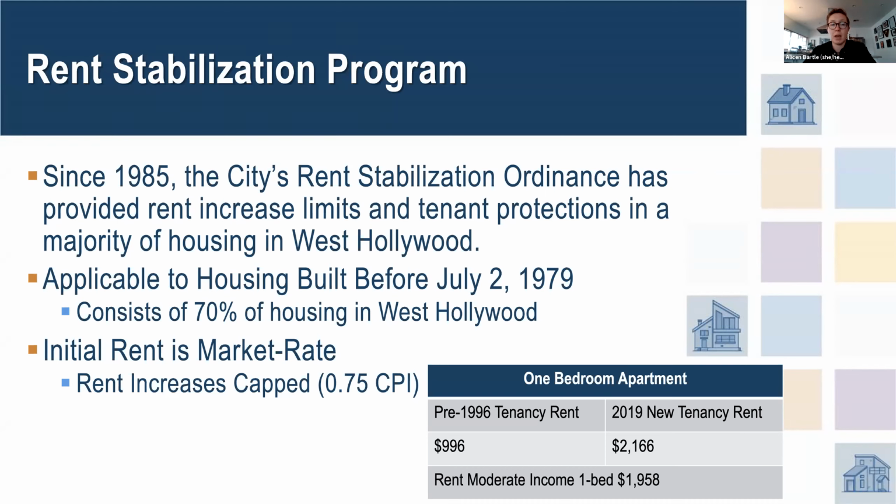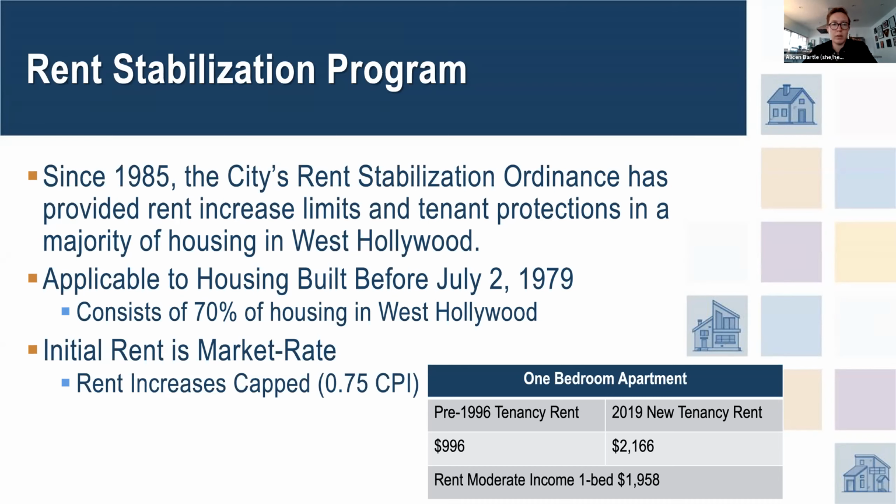As many of you might know, because you may live in a rent stabilized building, the initial rent is market rate. Where the protections come in is once you've stayed in your unit. Your rent increases are capped every year, and the city calculates the AGA each year by looking at 0.75 of the consumer price index, which is tied to inflation. We announce that. For example, this year, the rent increase from September 1 through August 31 is 0.75, as an example.